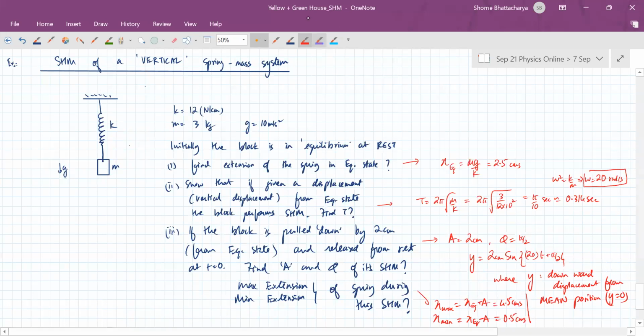So I'll explain the working of this also, but please verify your answers if you have worked this out so far. So I'll give you the basis of this working in just a moment.